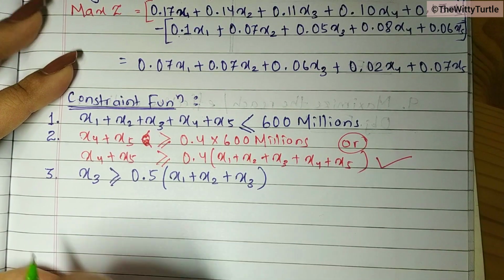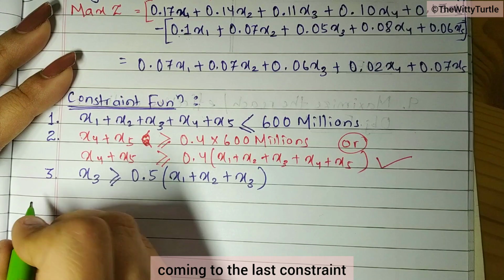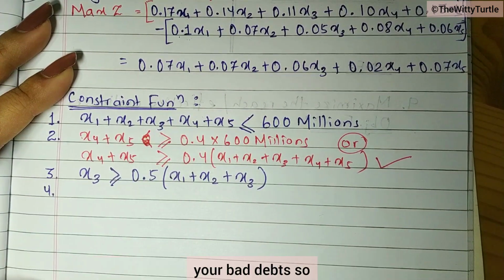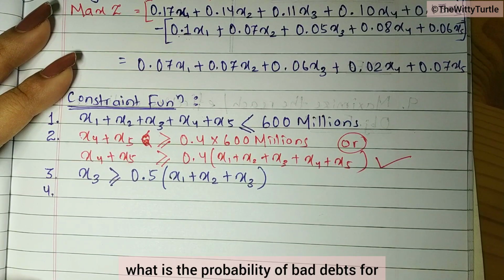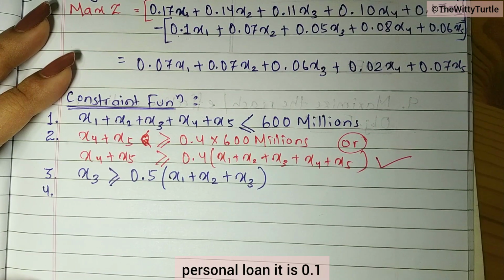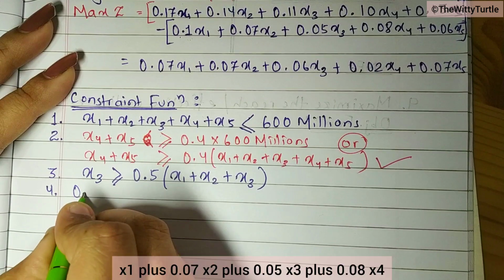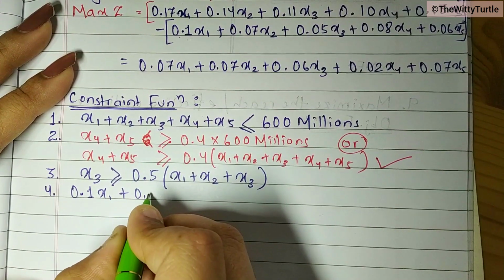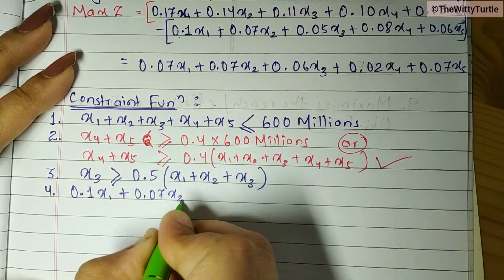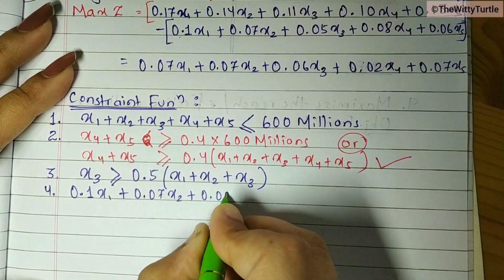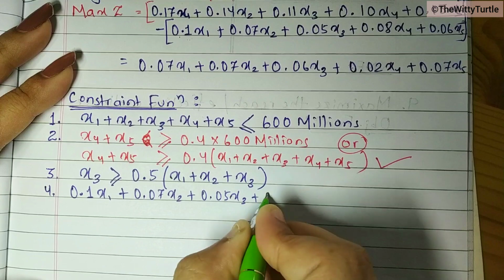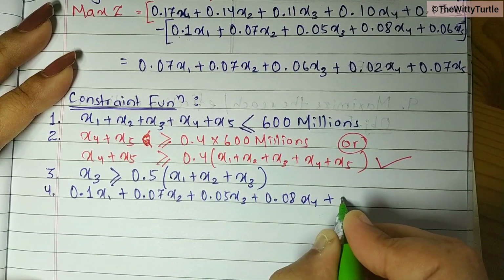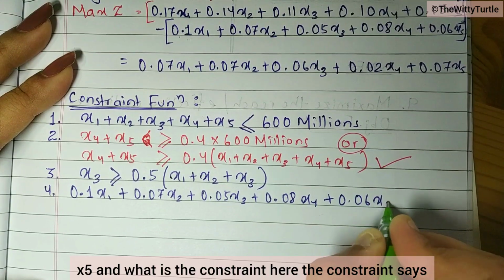Coming to the last constraint, which talks about your bad debts. So what is the probability of bad debts? For personal loan, it is 0.1 x1 plus 0.07 x2 plus 0.05 x3 plus 0.08 x4 plus 0.06 x5.